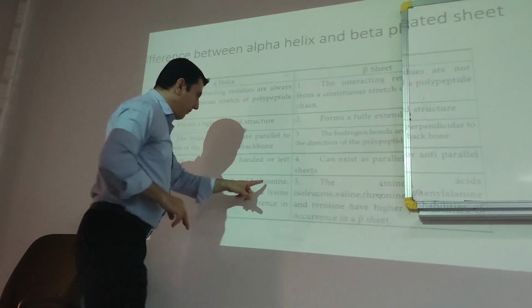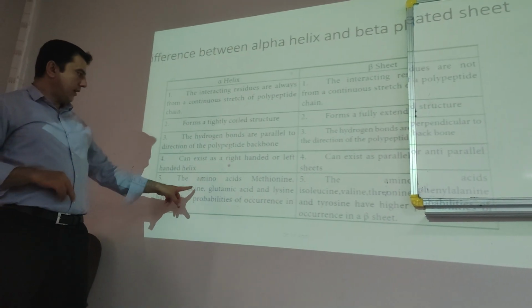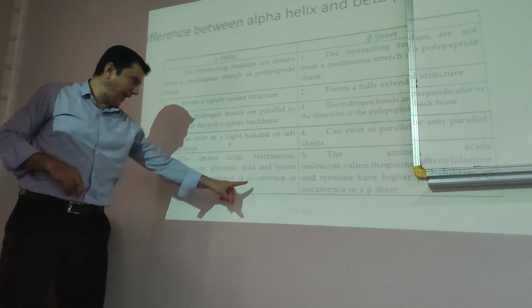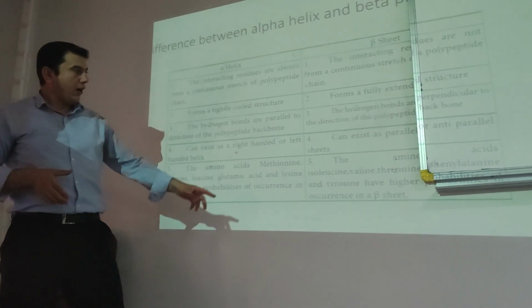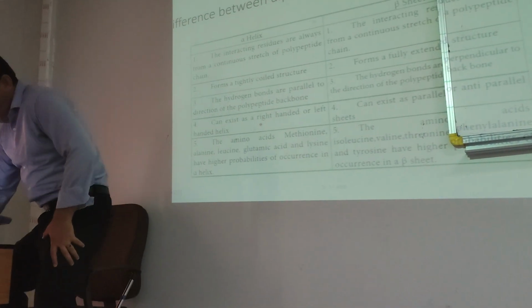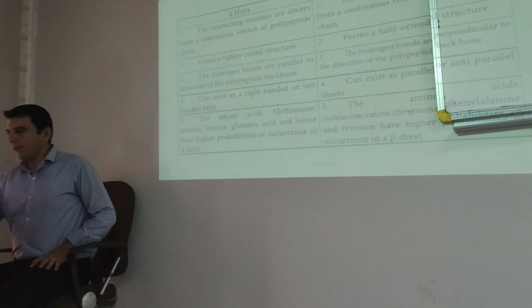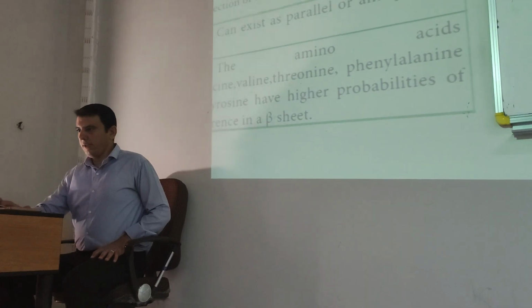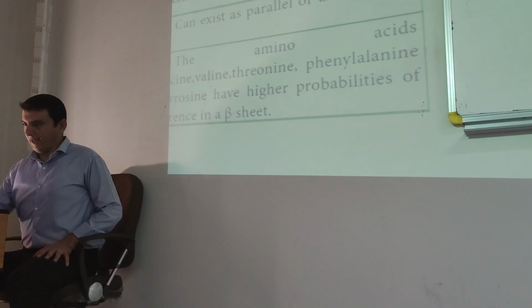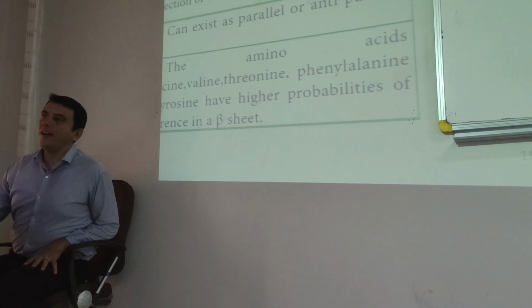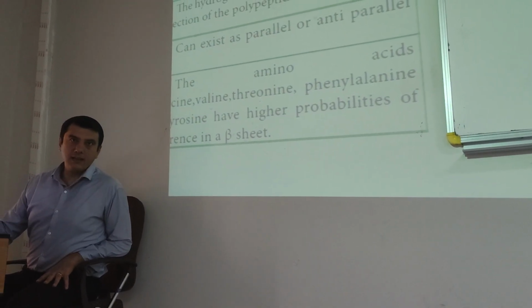If we have methionine, alanine, leucine, glutamic acid, and lysine, we will have alpha helix. However, if we have, let me magnify the picture, isoleucine, valine, threonine, phenylalanine, and tyrosine, we have beta sheet. Do you understand?